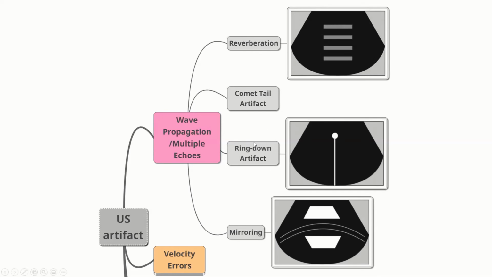On the other hand, ring-down artifact is made by air or fluid in a pocket. It's useful to detect air in the tissues, like emphysematous cholecystitis or air in the duodenum. And then also mirroring: reflectors like the diaphragm or pericardium make an identical image on the other side.